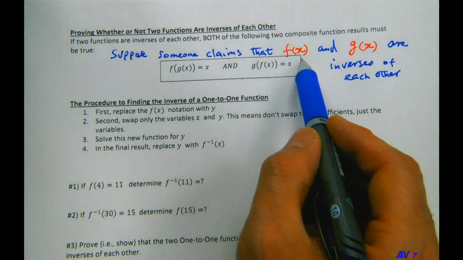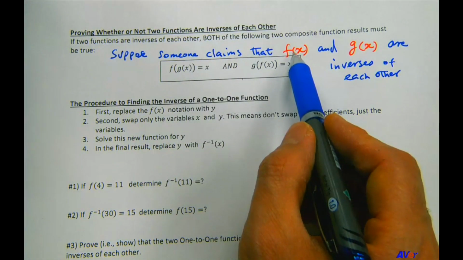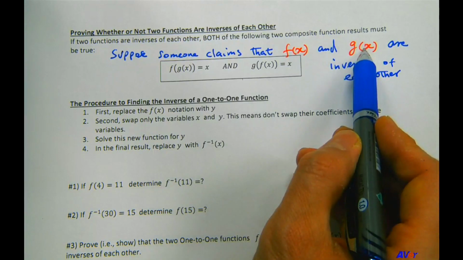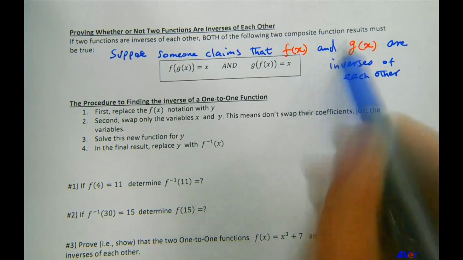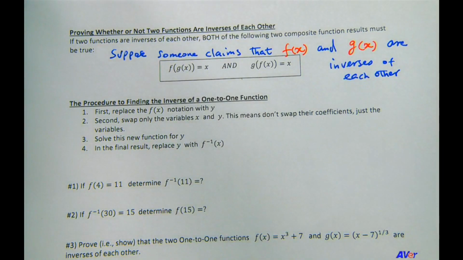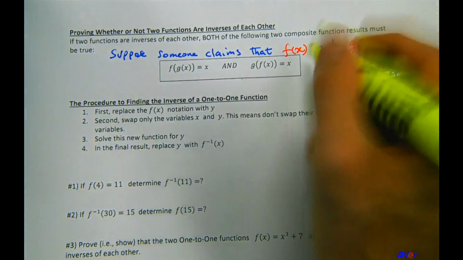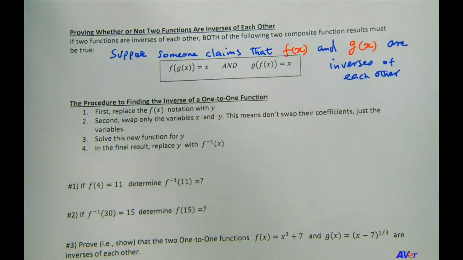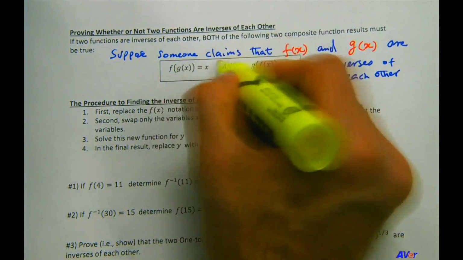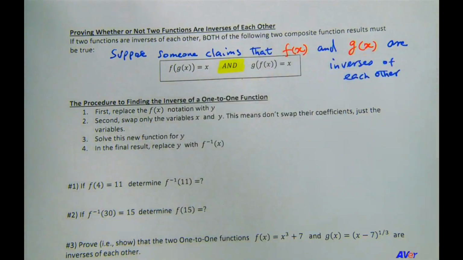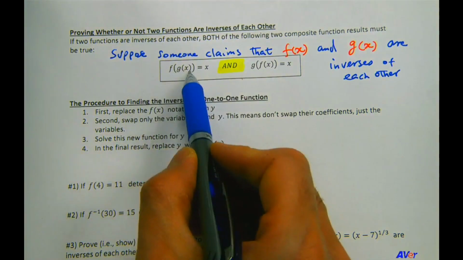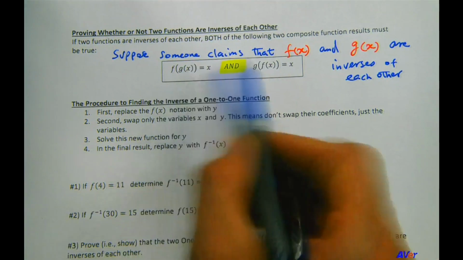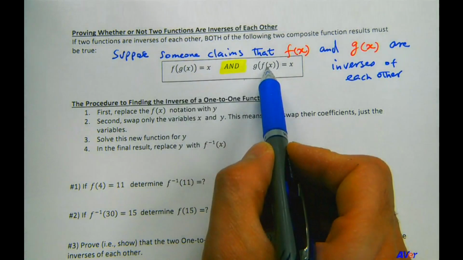What do I mean by both directions? We take the composite of f and g, and then g and f. Not one or the other, both. It's critical that you take the composite function in both directions. Notice the first one is the composite of f and g, and then g and f.